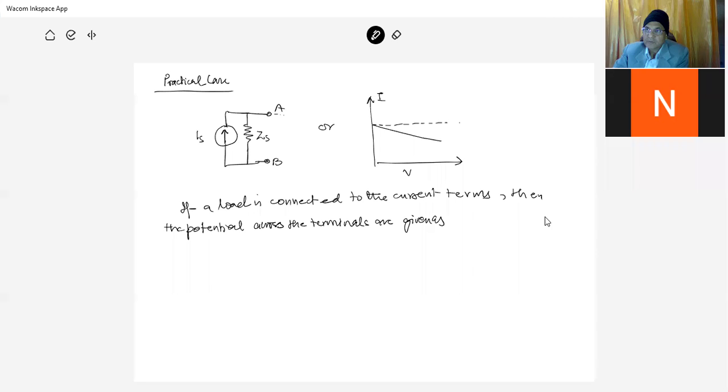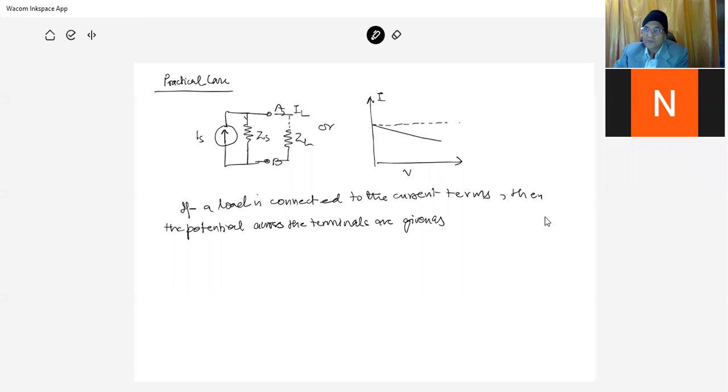Here we have to add one load ZL. So the current flowing in this is IL.